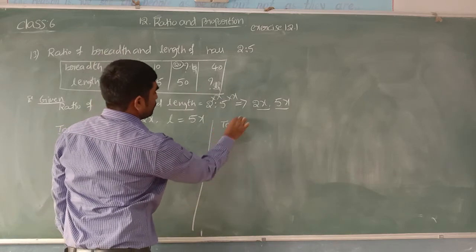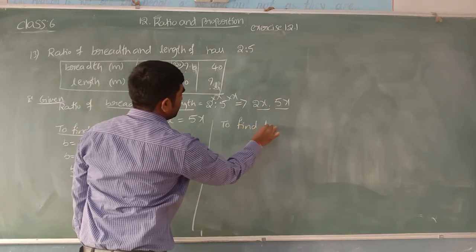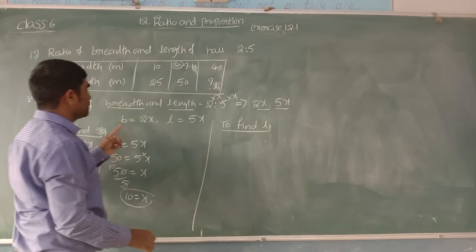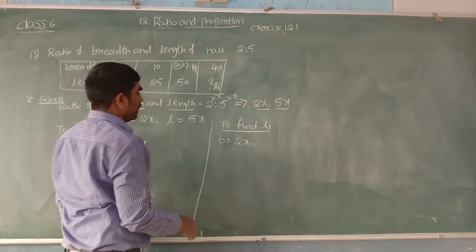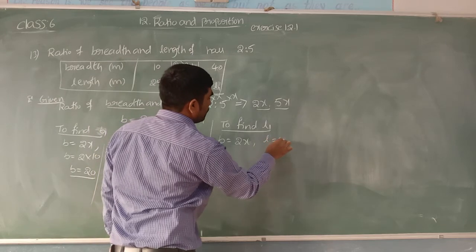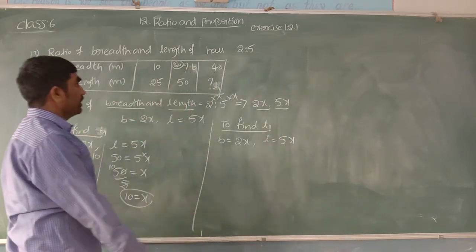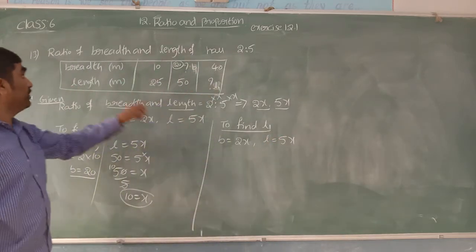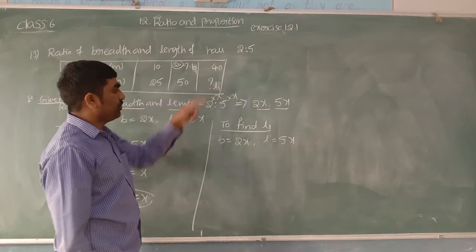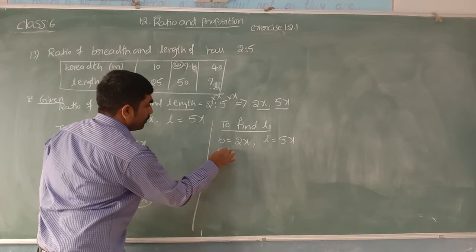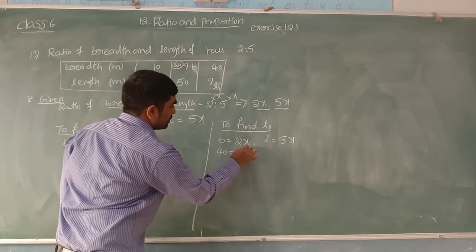To find L1: what length and breadth did we get? We got breadth is 2x and length is 5x. Now to find this L1, we will take the help of the corresponding breadth. So what is the breadth we will take now? 40. So breadth we will take 40 is equal to 2x.